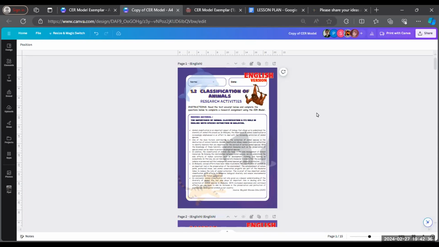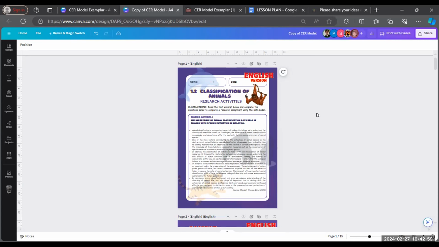Okay, so before we go further, I would like to explain again what C, E, and R are, and what the function of the C, E, R is in our task. So for your information, class, CER stands for claim, evidence, and also reasoning.